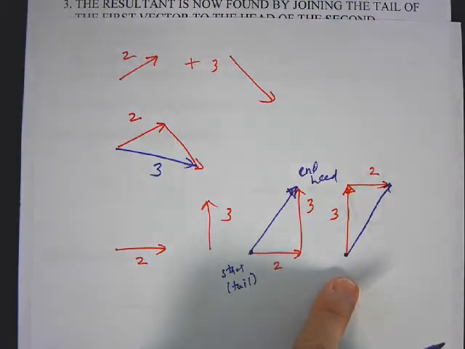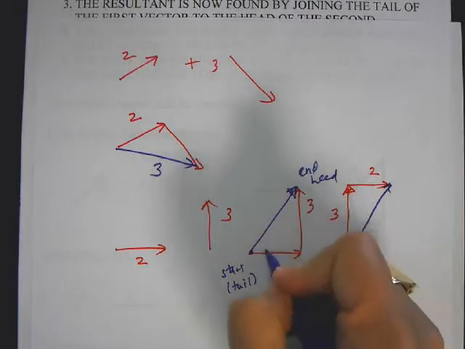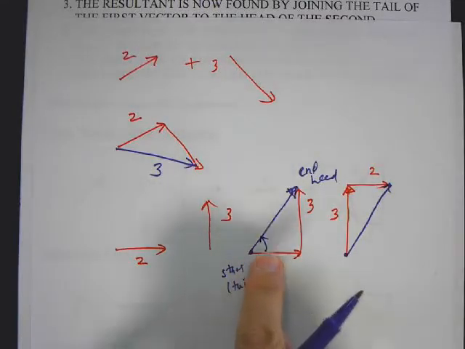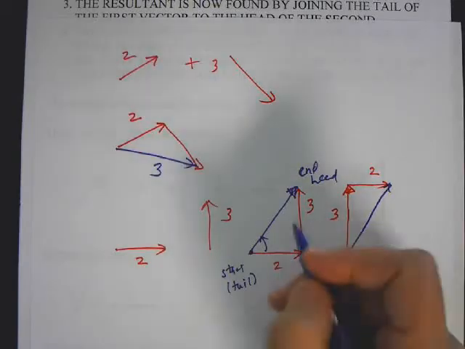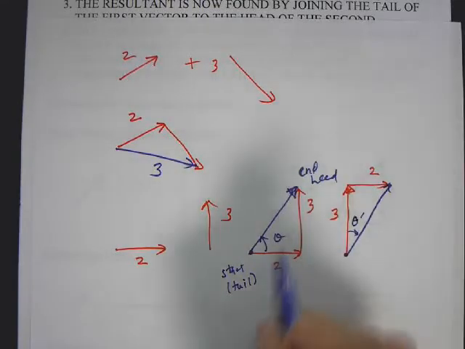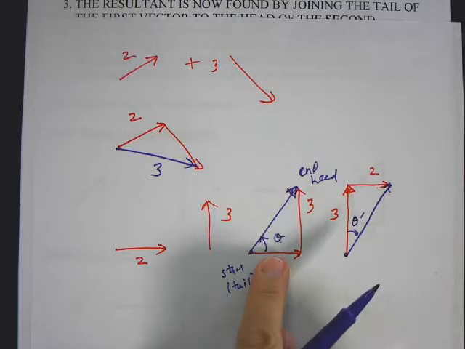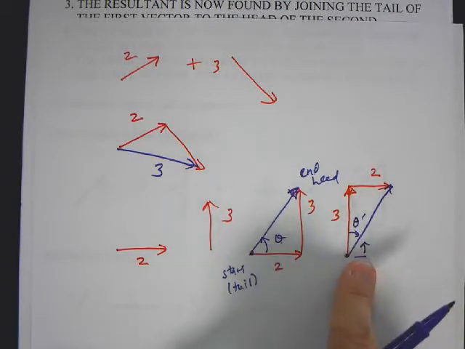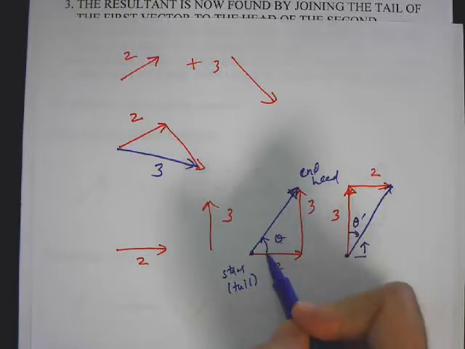The only thing I have to be careful with, if I solve, is how do I measure the angle? You always measure it from the tail. So it's easier to measure the tail inside, but what you notice is that these angles aren't the same. Now this is the same. These are supplementary angles. So we just have to be careful. Are we expressing the angle from here or from here?